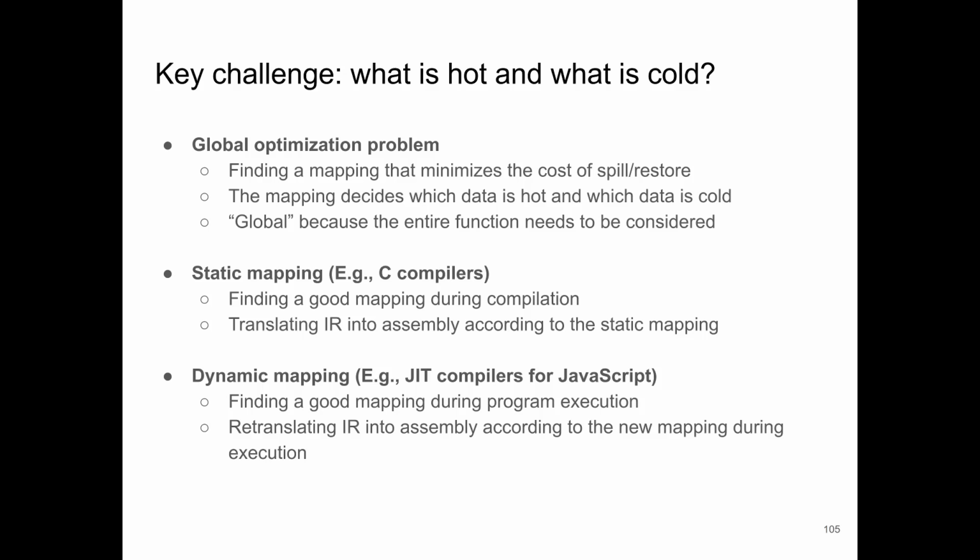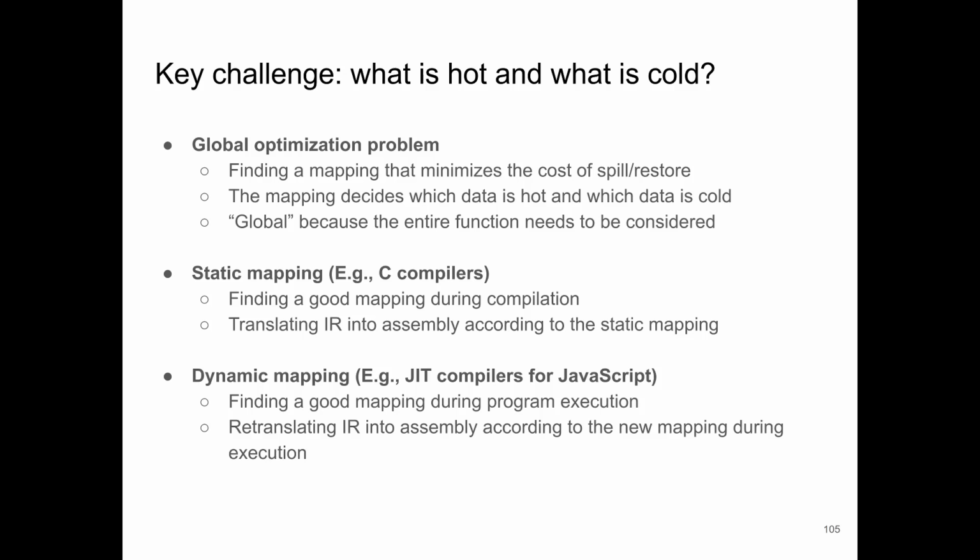And as a general strategy to attack this problem, one of the most widely used techniques is static mapping. This static mapping is usually employed by C compilers, and we are going to use it as well. C compilers usually find a good mapping during compilation, before executing the generated assembly at all.